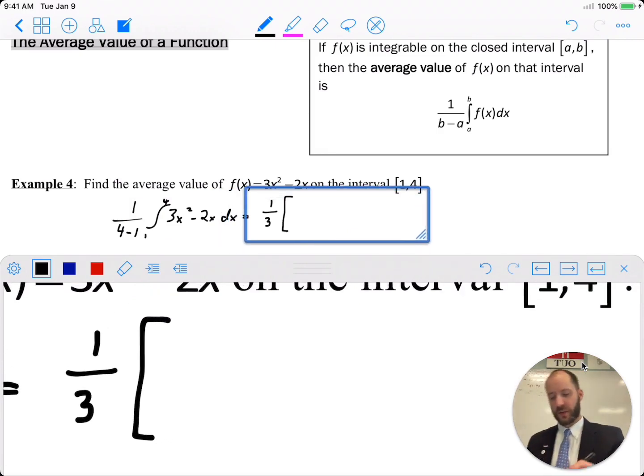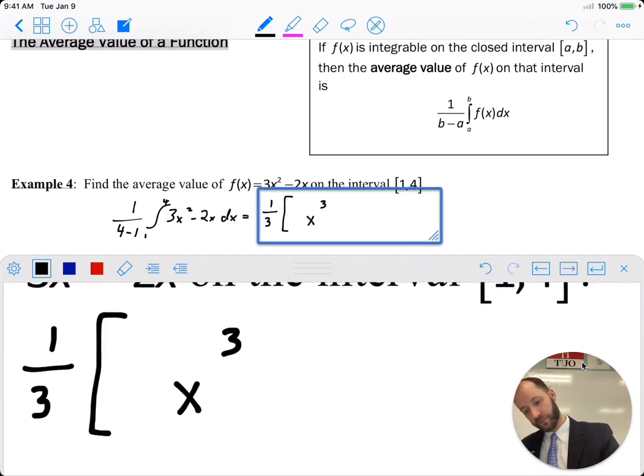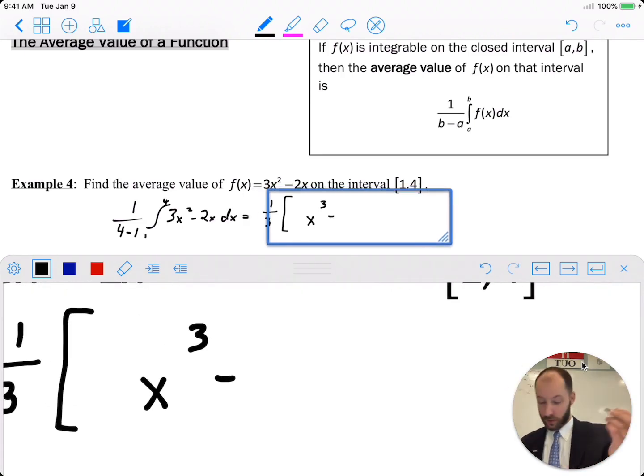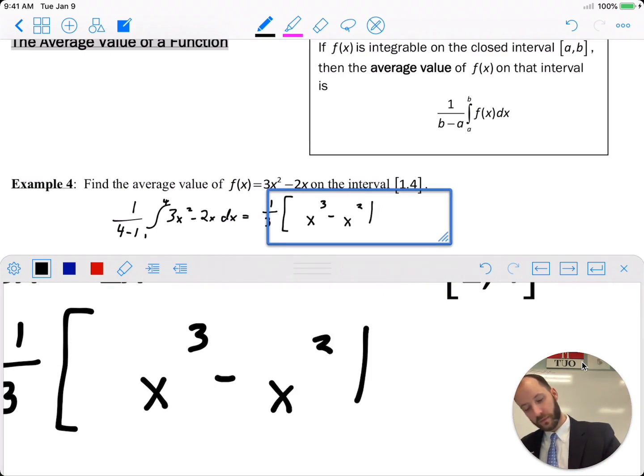Then our definite integral, so 3x squared, and the antiderivative, x squared becomes x cubed. 3 divided by the new exponent, so 3 divided by 3, 1, okay. And 2x, alright, x squared, easy. And evaluating from 1 to 4.